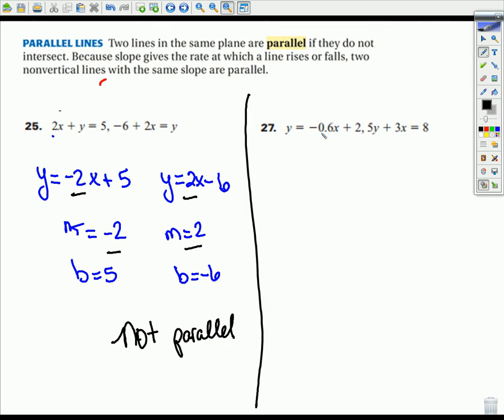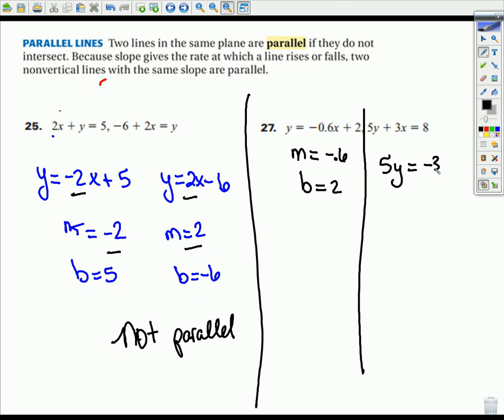We'll try these. Here, my first one, the slope is negative 6/10 with a y-intercept of 2. This one right here, I have to solve it for the y. So I will subtract 3x, divide by 5. And since this isn't a decimal, I will turn this slope into a decimal, but technically, you know, we really want it to be negative 3/5 if we were to graph it, but they're not asking us to graph this.